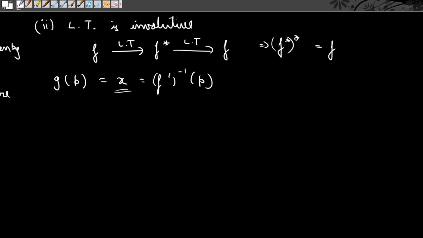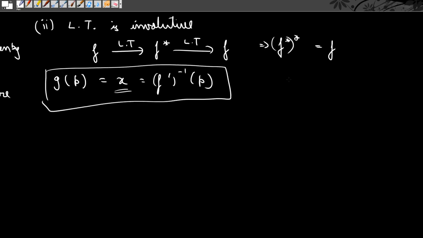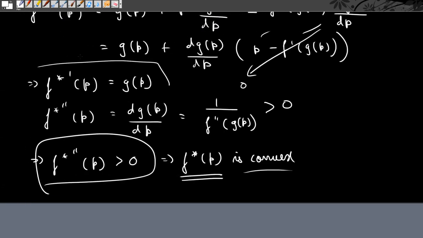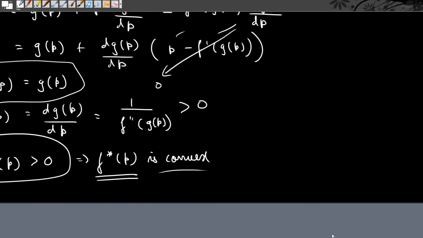So we are going to use this relation and df star of p by dp is equal to g of p. That is this relation. Okay, so we are going to make use of these two relations to prove this property.